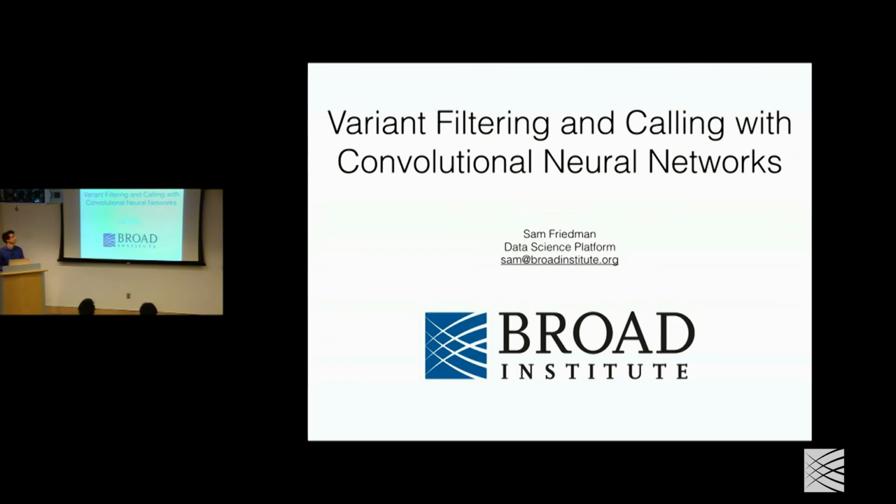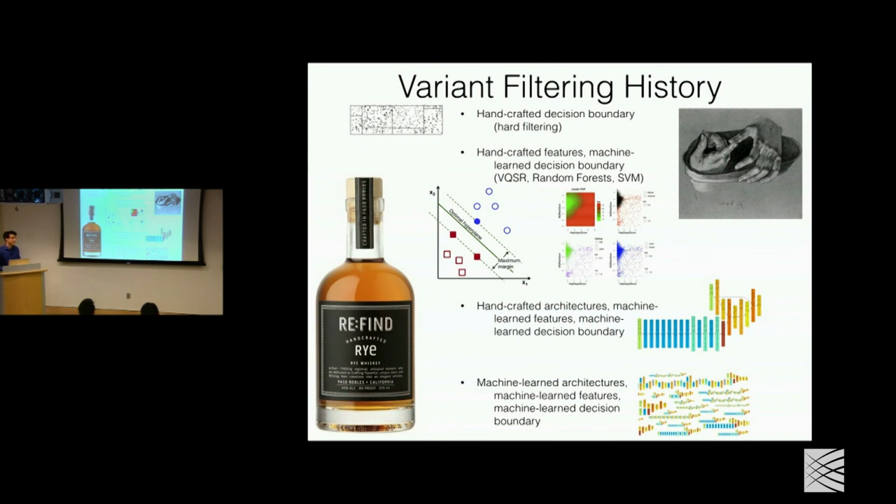So now we begin. So a little history of variant filtering. It's always handcrafted. It's just, what are you handcrafting? At first, we handcrafted the hard filters. So everyone picked their favorite number at which to cut off the good variants from the bad variants.